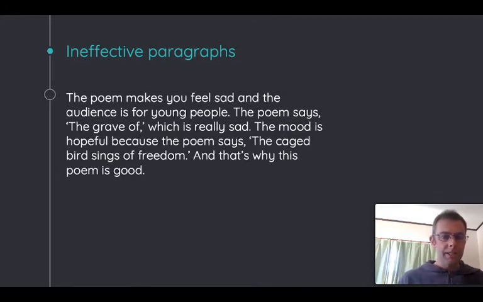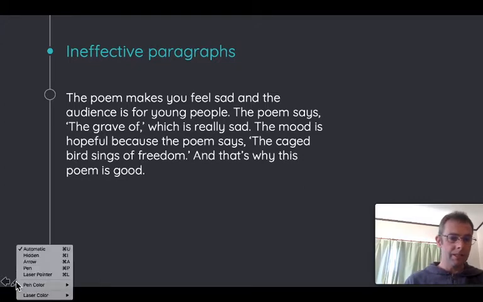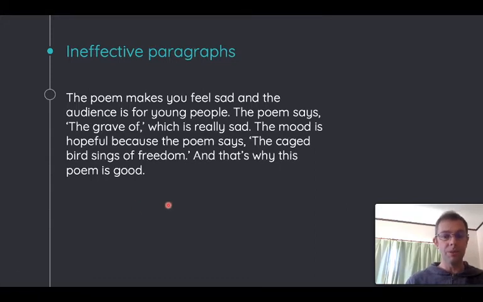So I often see some really ineffective paragraphs in students' essays, especially as they're transitioning from middle school into higher school, grade 10, grade 11, and might see something like this where there's some good ideas and some aspects of a poem or a novel or a play have been identified, but they're not really expressed in a coherent way.